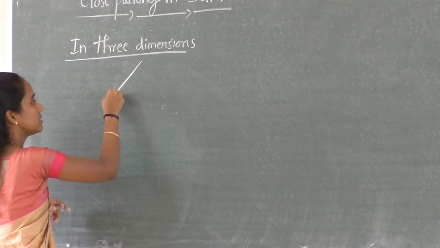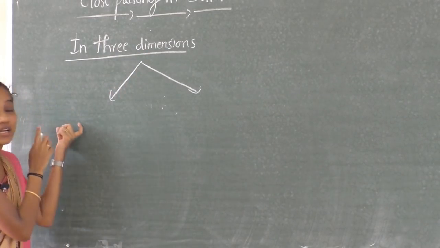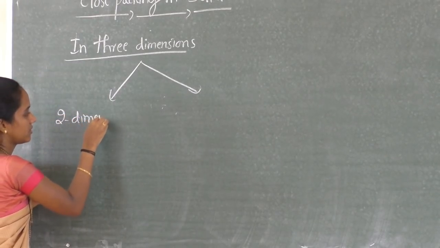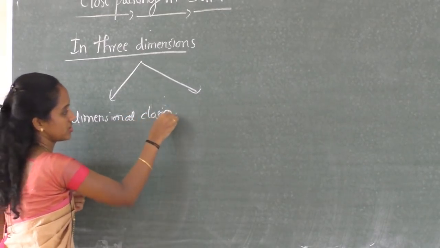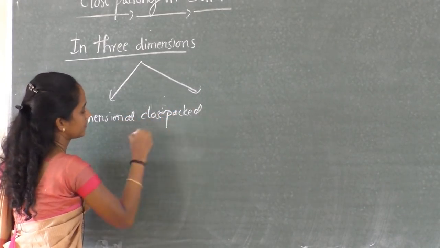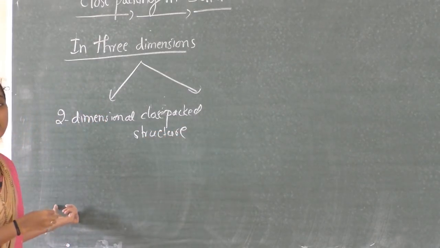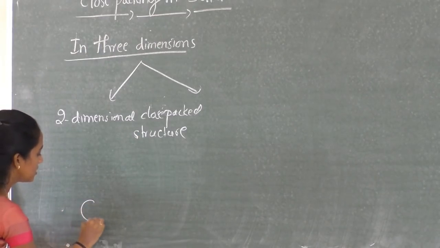So I'll consider the two-dimensional square close packed structure. What is a two-dimensional square close packed structure?